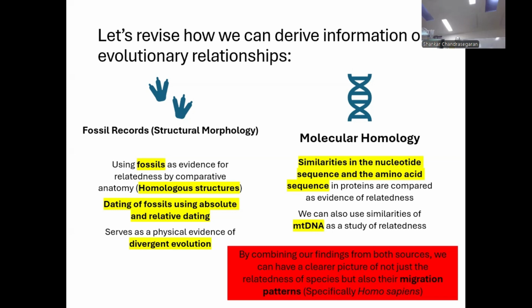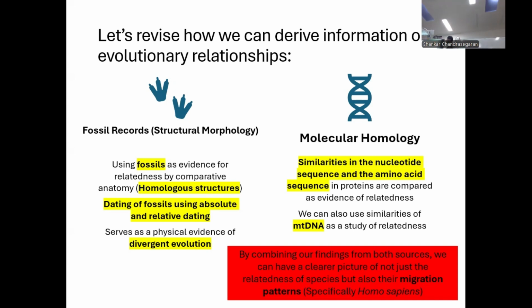This is a very useful technique, because by dating the fossils, be that relative dating or absolute dating, we can get a sense of how old the fossil is. And we can start to plot a timeline of when this fossil emerged here, when that fossil emerged there, and start to notice a pattern of migration.